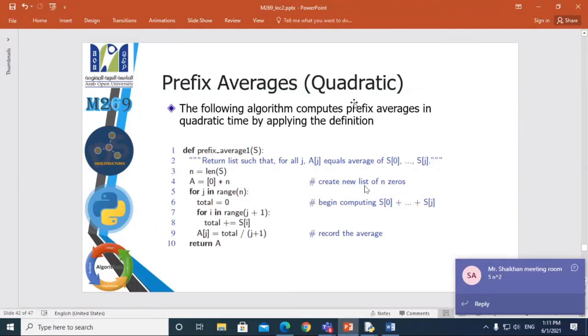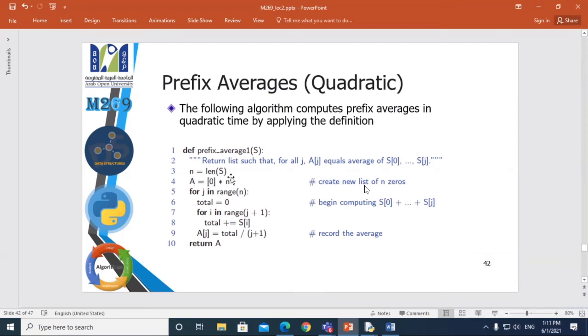So n = len(s), a = 0, n, for j in range n, for i in range j plus 1, total plus equal, it means total equals total plus s[i].